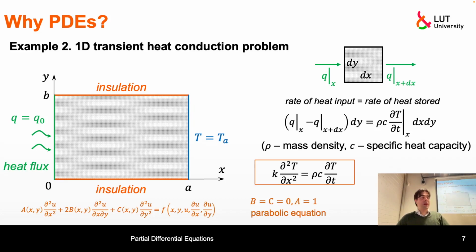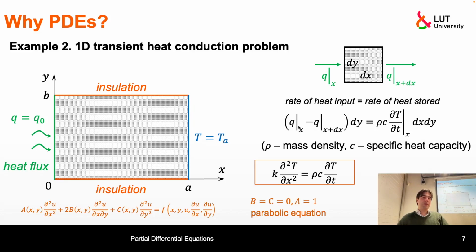Okay, so applying a similar procedure, we write it this way. So using this definition of specific heat capacity, how the material stores energy, the difference between input and output heat flux is equal to the stored energy inside the material, which we can describe this way, the rate of change of temperature.